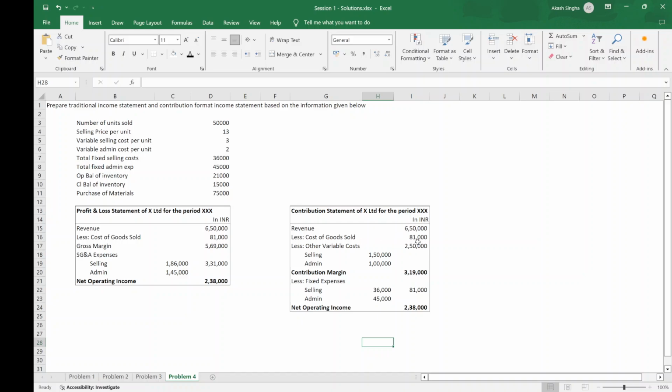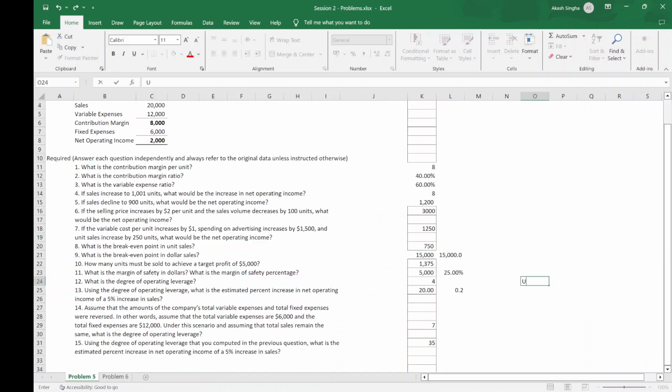So COGS is also variable cost, and the selling variable cost, which is 3 into 50,000, 150,000, and admin cost 2 into 50,000, 1 lakh, is also variable cost. So deducting it from the revenue, we'll get contribution margin. From that, if we remove fixed cost 36 and 45, we'll get net operating income. That is the difference between term 1 and term 2.